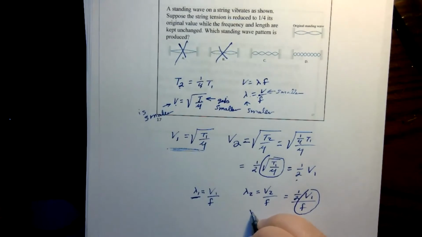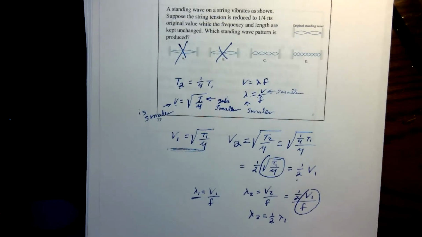So lambda 2 is going to be 1/2 times lambda 1. So our new wavelength is going to be 1/2 of our old wavelength.